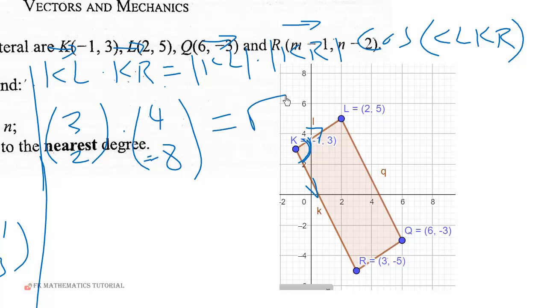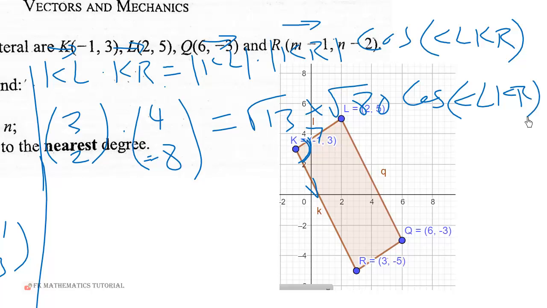So square root of 13 times square root of 4 squared plus -8 squared. That will be square root of 80, cos of the angle LKR that we are looking for.